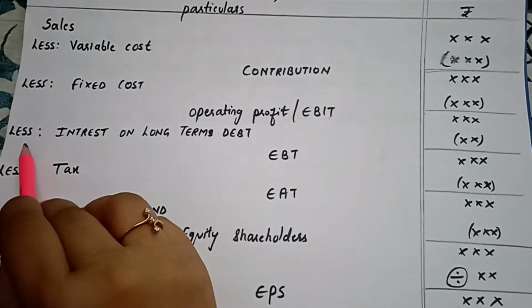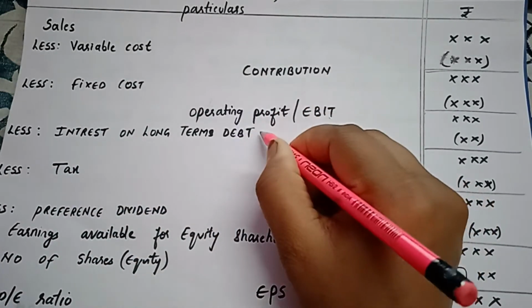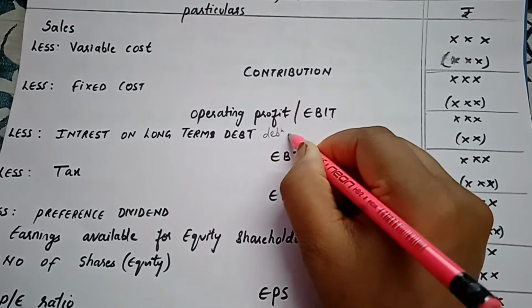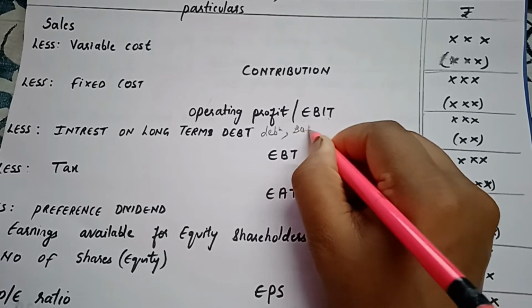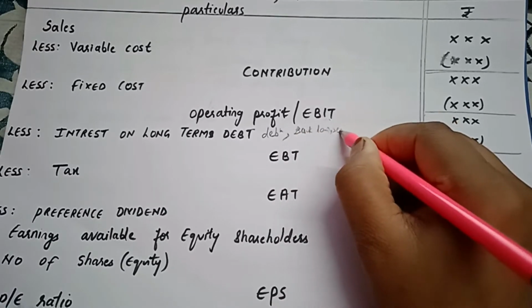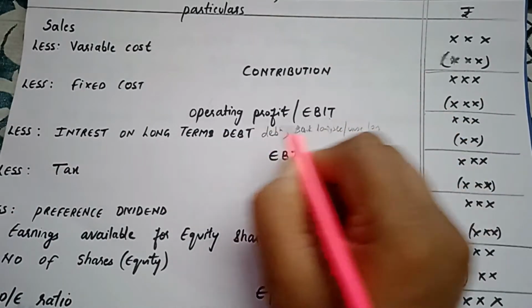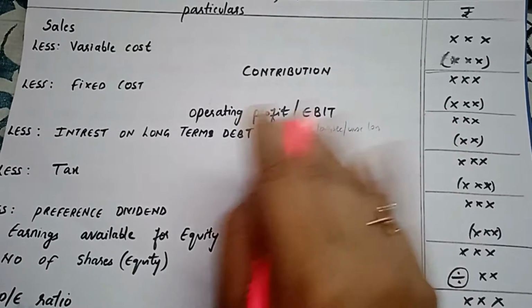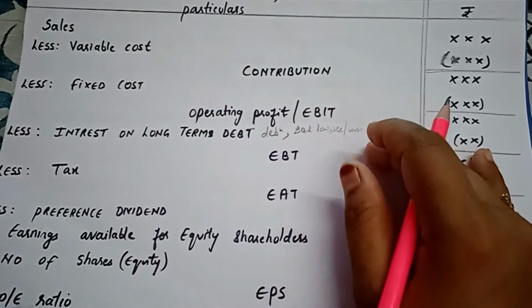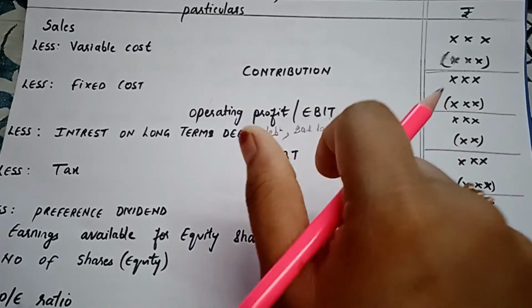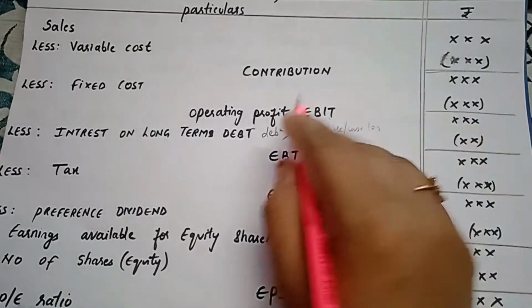We will deduct the interest on long term debts, whether debentures, bank loans, or any other secured or unsecured loans. The interest on these loans will be deducted from here. Whatever the interest is for that particular year, we have taken funds into our business, so we need to pay some interest on them, and we deduct it from EBIT.